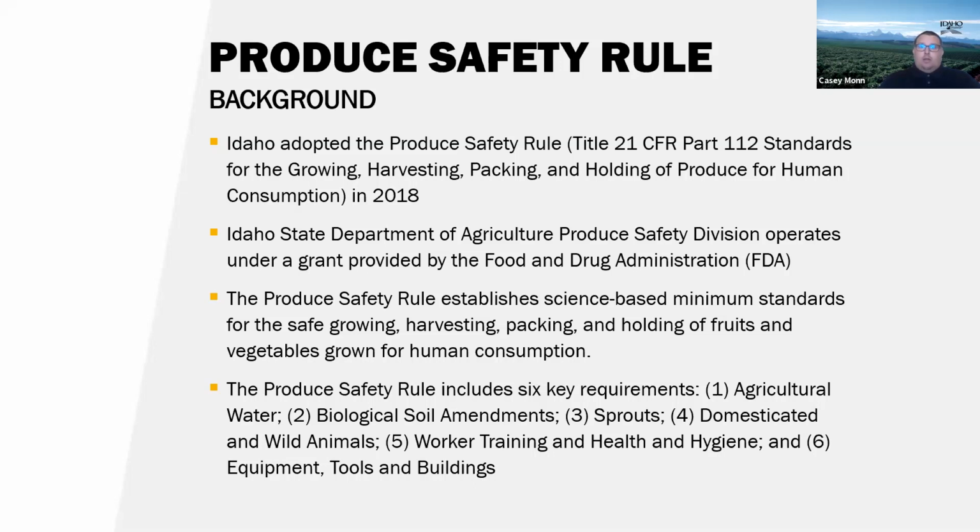The Produce Safety Rule establishes science-based minimum standards, as Lou mentioned earlier, for the safe growing, harvesting, packing, and holding of fruits and vegetables for human consumption. There are a lot of requirements, but the 6 key requirements we really refer to are the subparts that make up the rule.